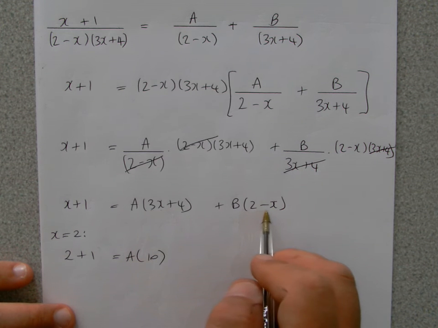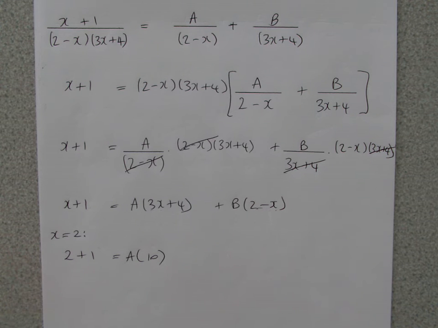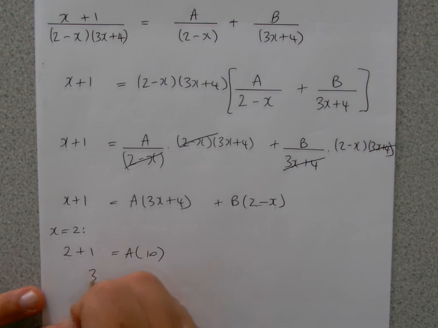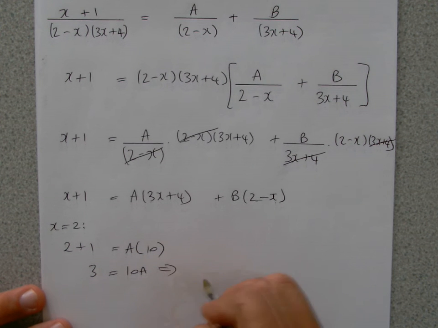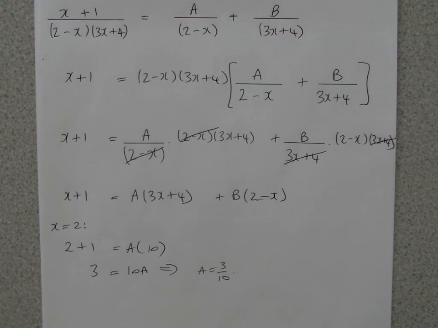Now if I put 2 in there, 2 take away 2 is 0, it goes. So that's why I set x to be 2, because I wanted to get this to be 0. So then you've got 3 equals 10A, which implies then that A will equal 3/10, fantastic.